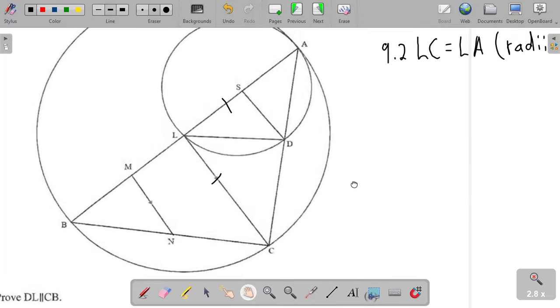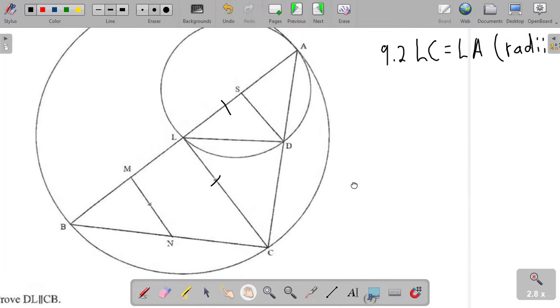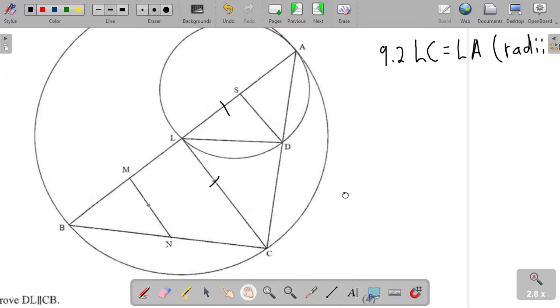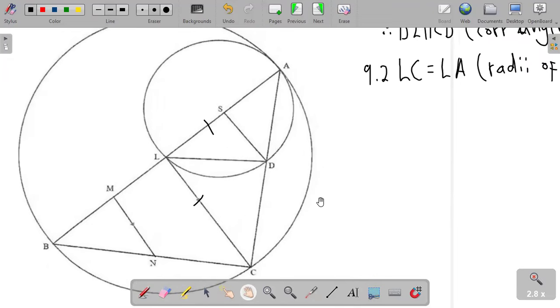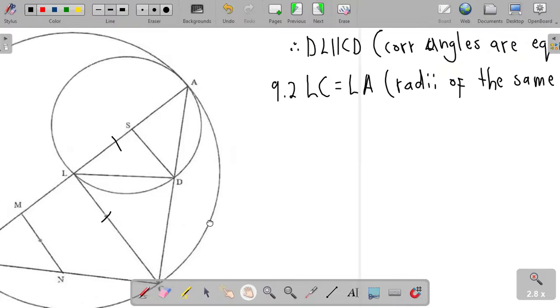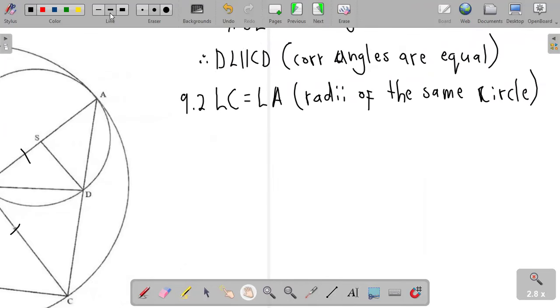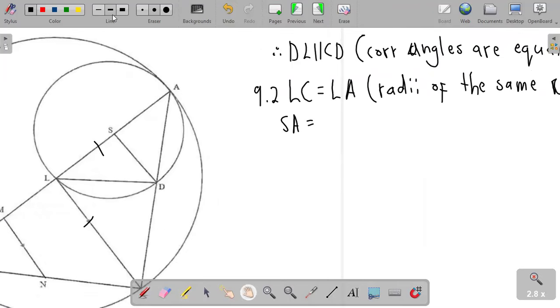And then we also know that SA also equals ST, which also equals SL.